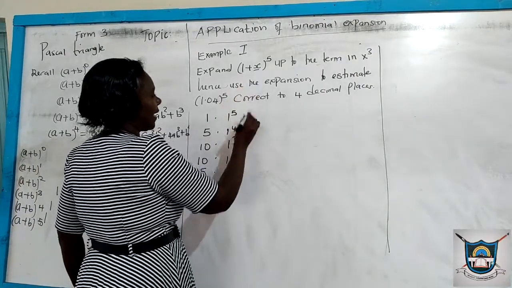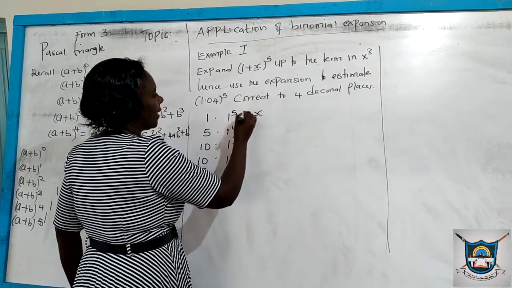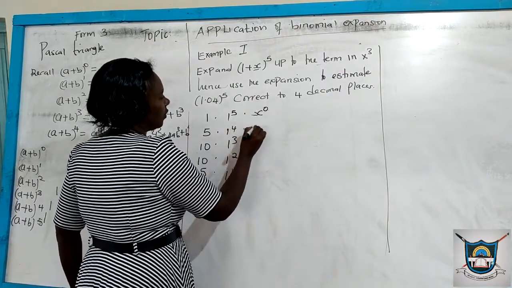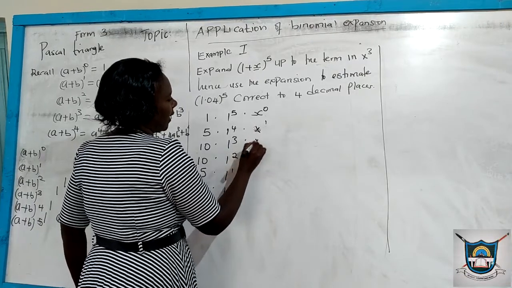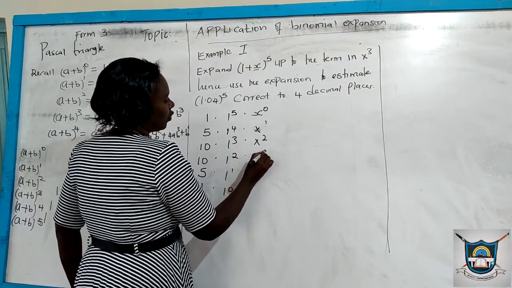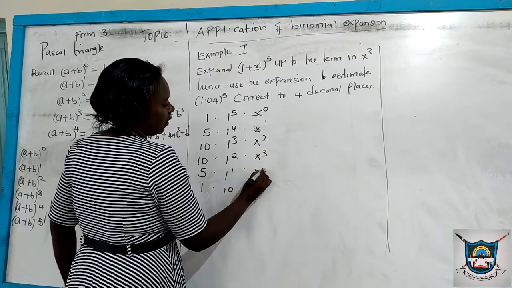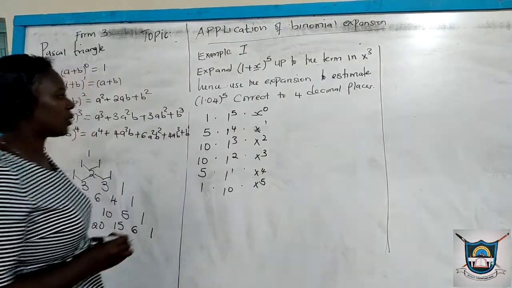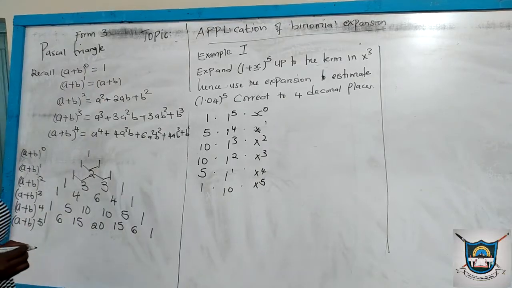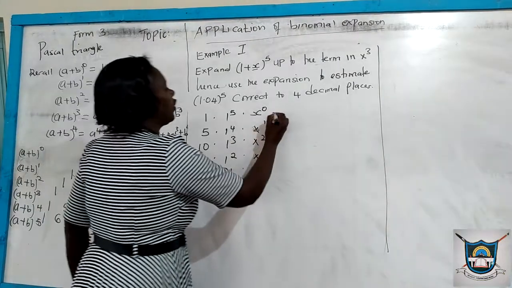Then the second term is x, so we can also expand that: x to power 0, x to power 1, x to power 2, x to power 3, x to power 4, x to power 5. Now this one is addition, so we don't need to think so much about it.